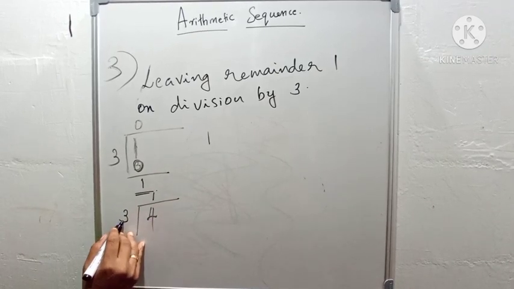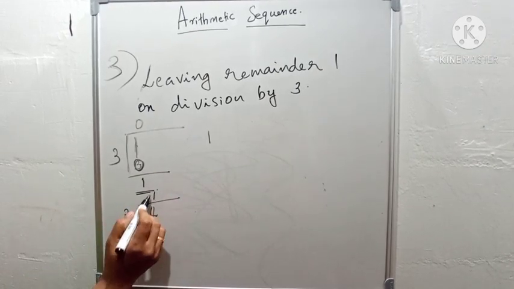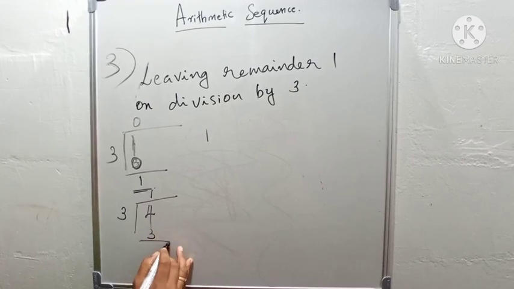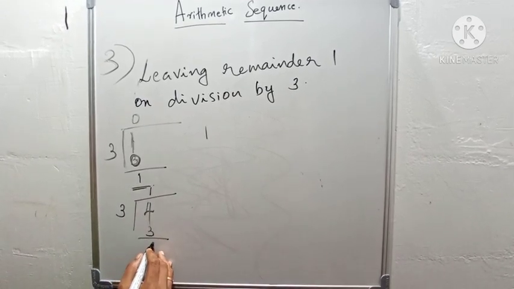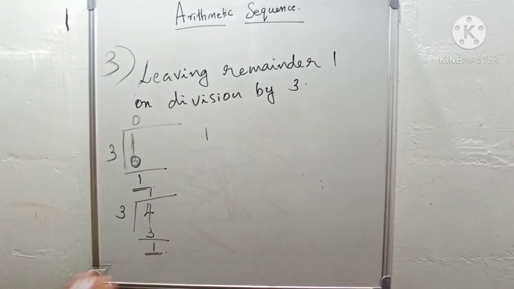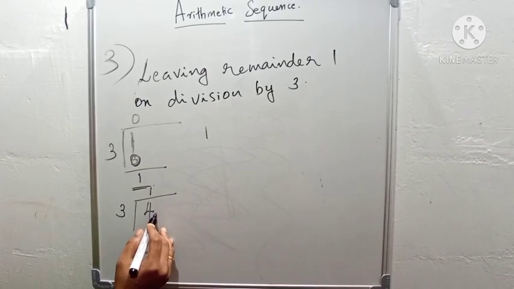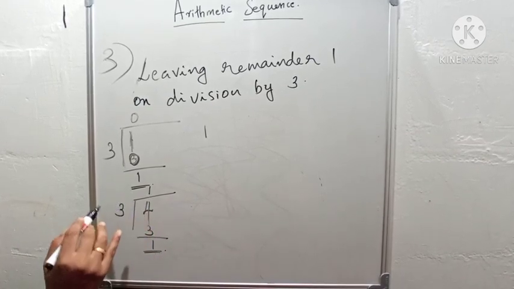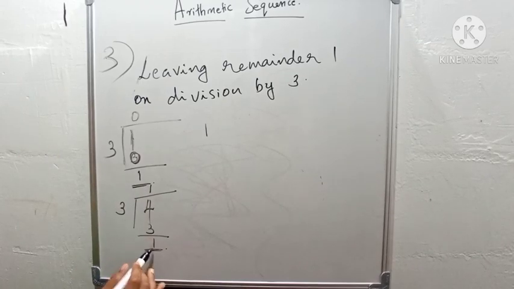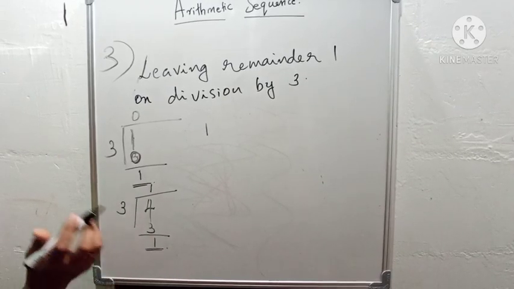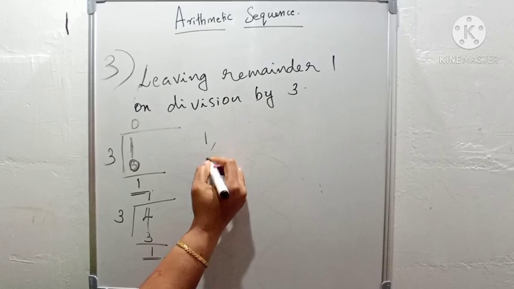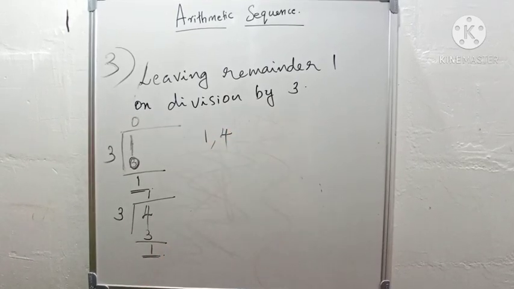In 4, 3 is 1 time, right? That is 1 into 3 is equal to 3. Then 4 minus 3 is equal to 1. Okay, that means if we divide 4 by 3, we get a remainder 1. So the next number of our sequence is 4.